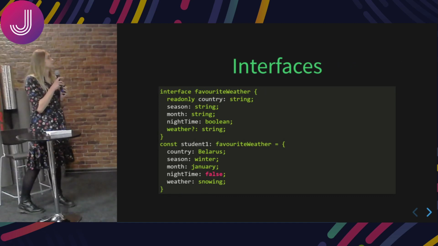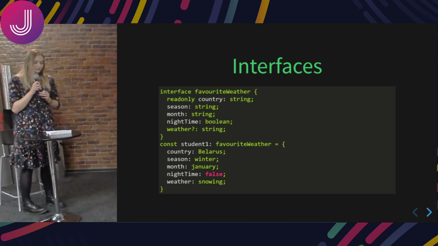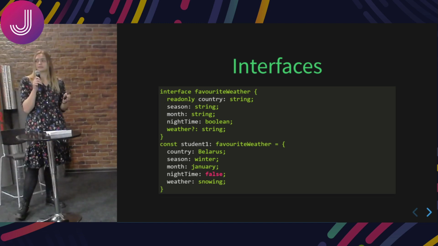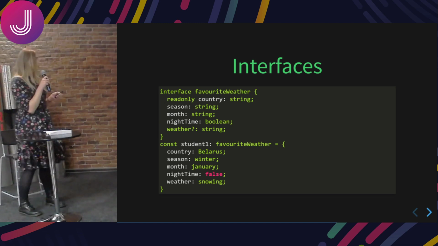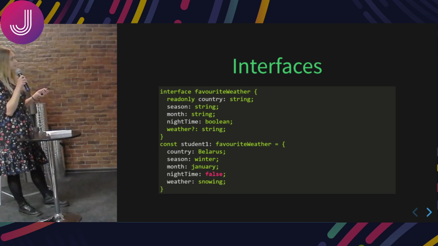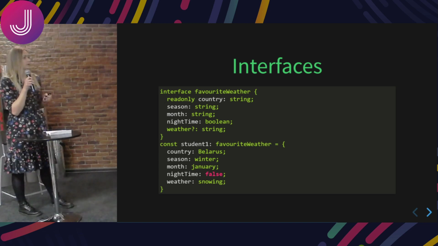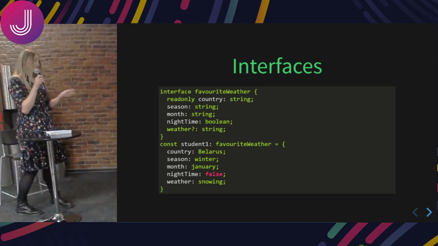Next I would like to tell you about interfaces. An interface defines the syntax that any entity should follow. It defines properties and events that are mentioned in the interface.